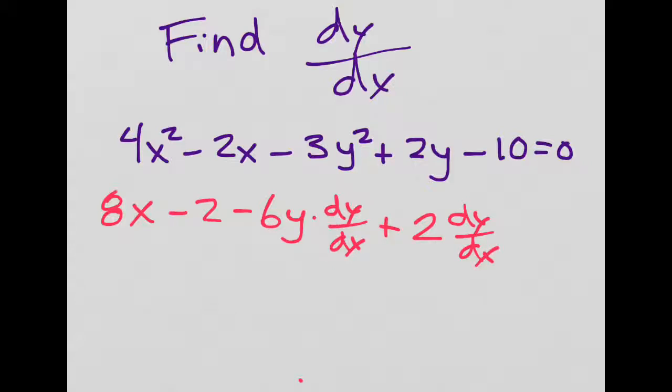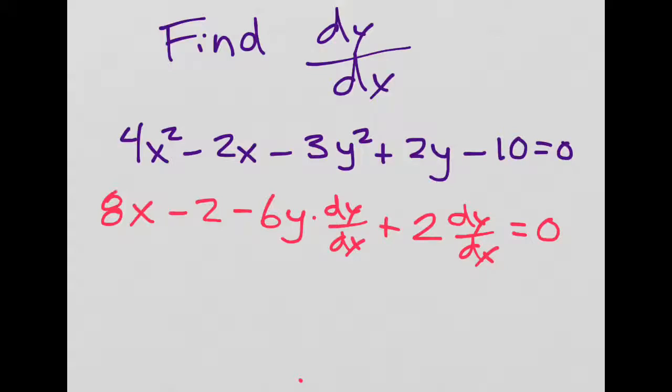Think about why that happens. Again, the 2x became a 2, and the 2y became a 2, but then also that dy/dx, because it's a y term. Negative 10 goes to 0, and so we just get equals 0, because again, the derivative of 0 is 0. So now, again, our goal is to solve this for dy/dx.